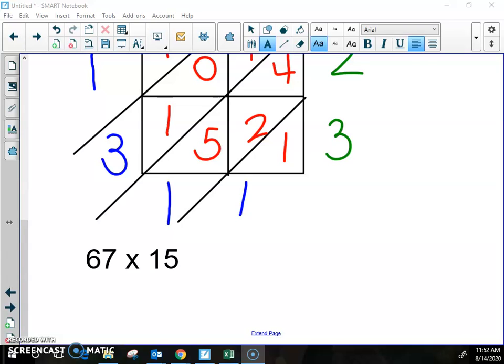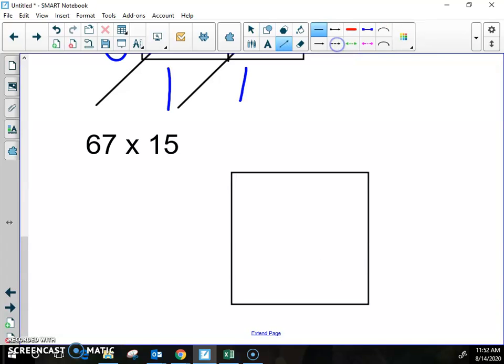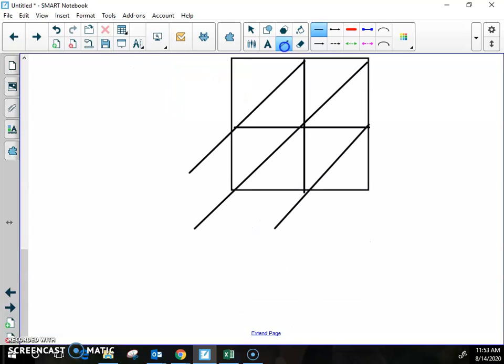Good? It doesn't matter if my lines are perfect or not.